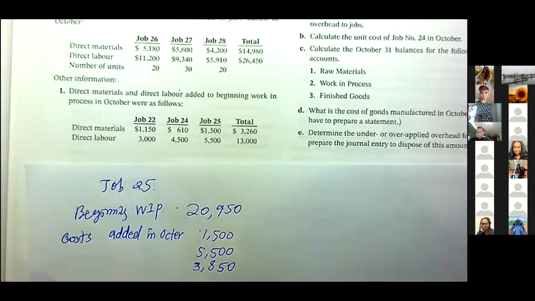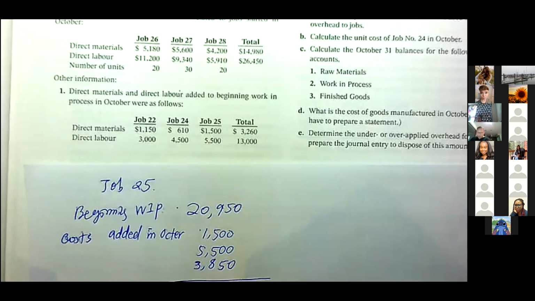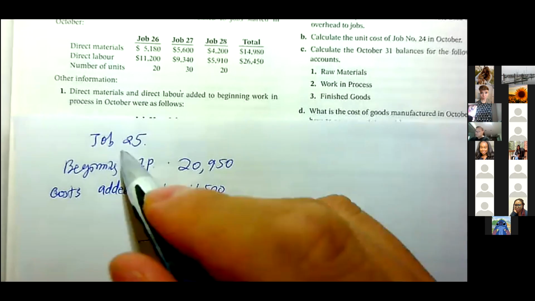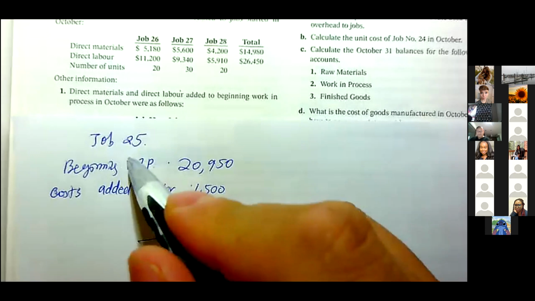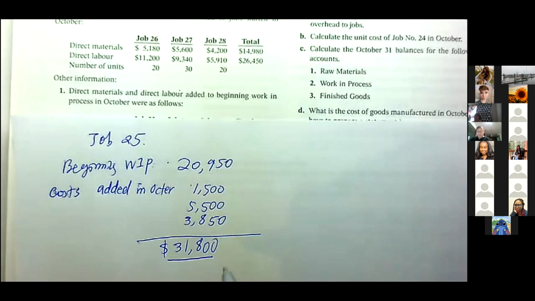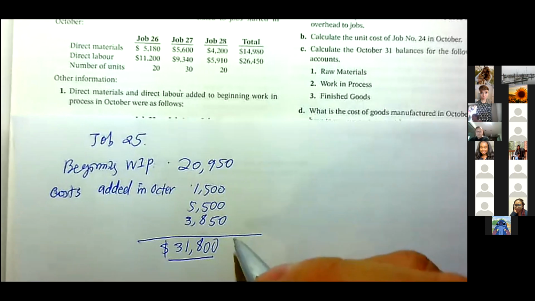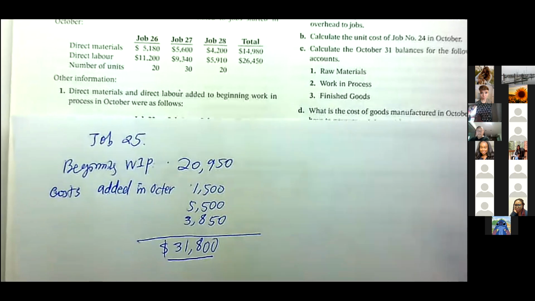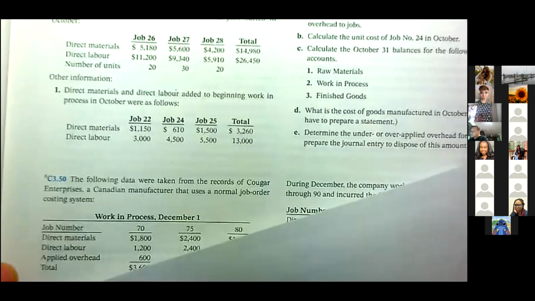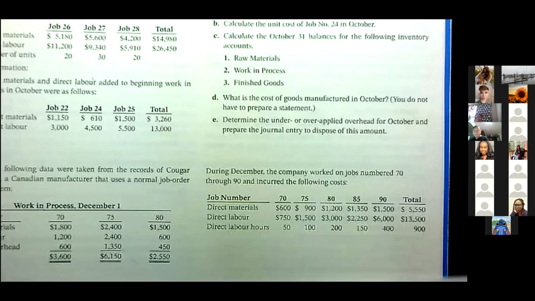Now if I add all this up, my total cost is 31,800. So this is the total cost assigned to job 25, and this is not sold, so this cost is sitting in the finished goods inventory. That's the balance for the finished goods inventory. Then number D, this is a very long question. Let's take a look at number D.